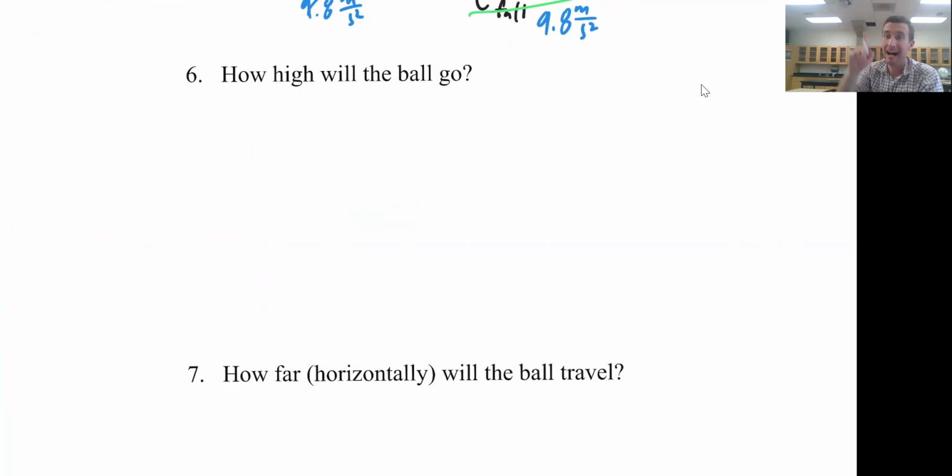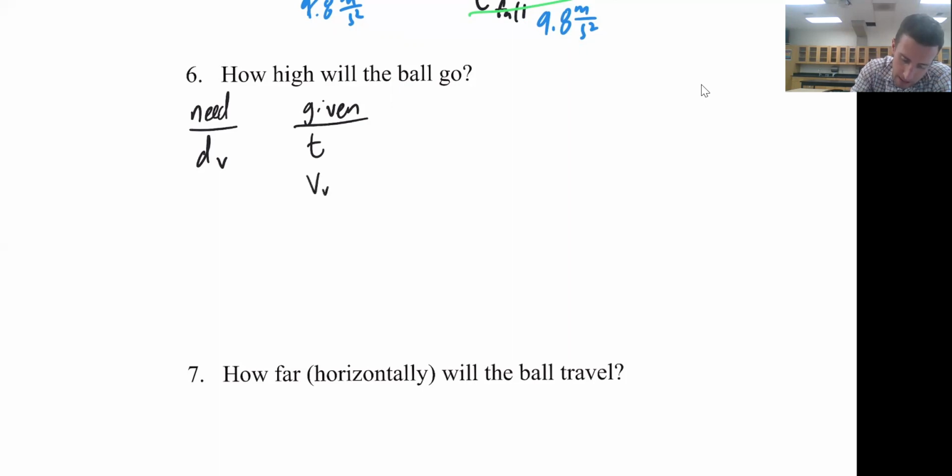Let's see, how high is a distance, right? And it's a height, which means it's a vertical distance. So I need now the distance vertical. I just found the times, so I know the time. And vertically, I also know the vertical velocity, and I know the acceleration due to gravity.